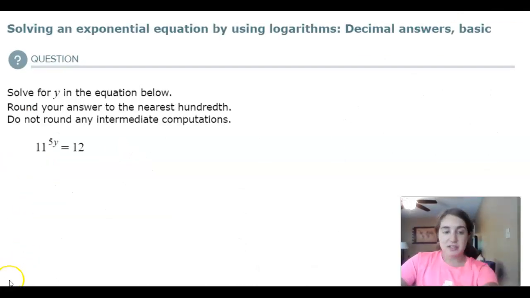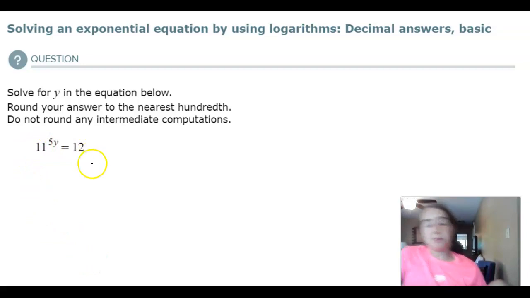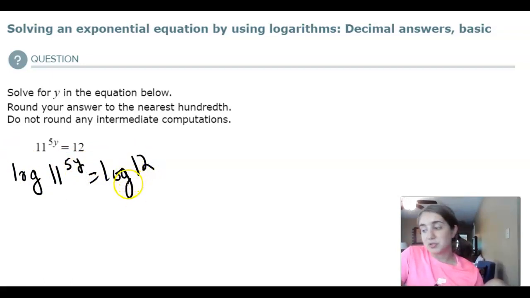So I kind of run into something here. If I wanted to rewrite 11 and 12 with the same bases, I cannot. So what I would do is apply the power rule of logs. If I take the log of both sides, I can then bring my variable to the front.